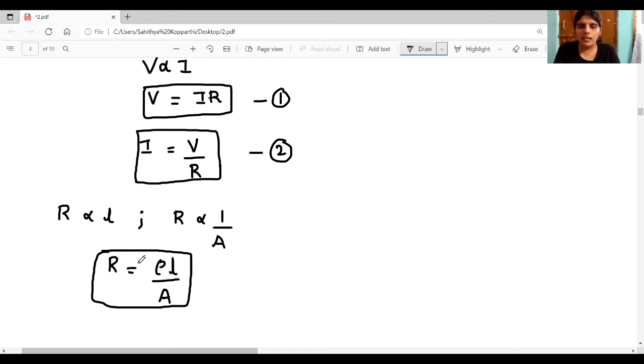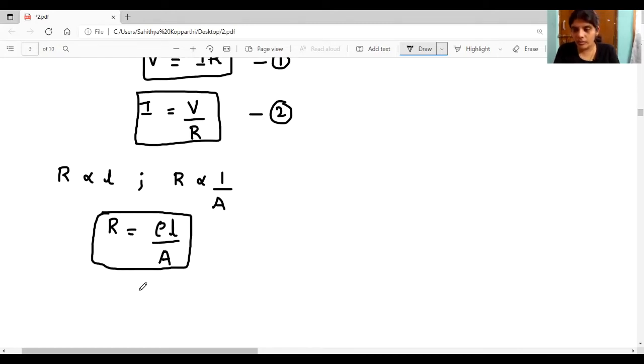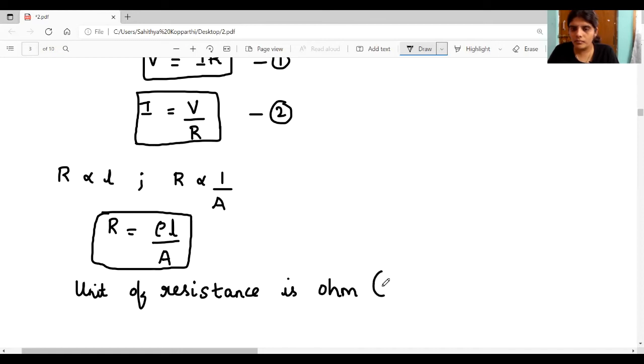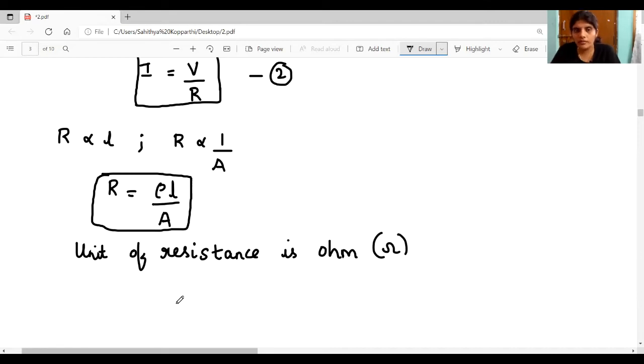Okay. Resistance is measured in ohm, after the scientist who proposed Ohm's law. Unit of resistance is ohm. Now, this rho is nothing but resistivity.